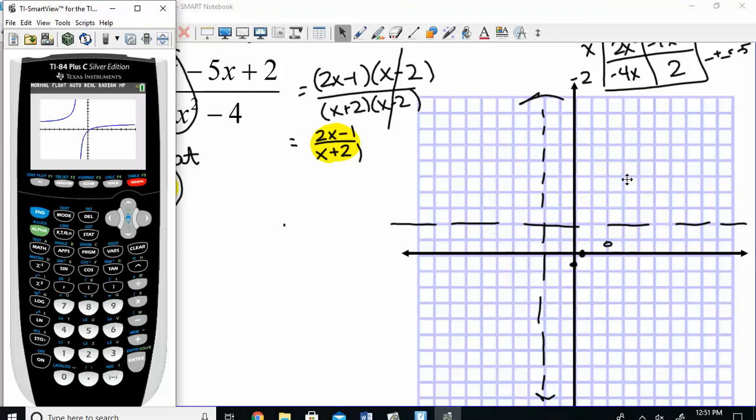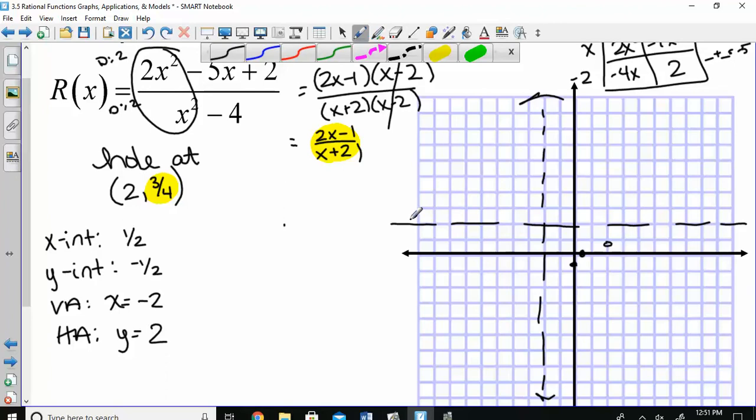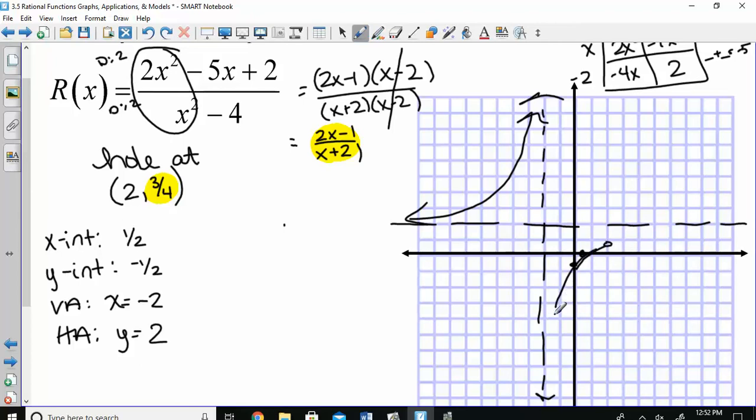So I can see it starts out above my horizontal asymptote, and then the second piece is kind of curving. Make sure you don't accidentally fill in your open circle when you draw that. So it should look like this.